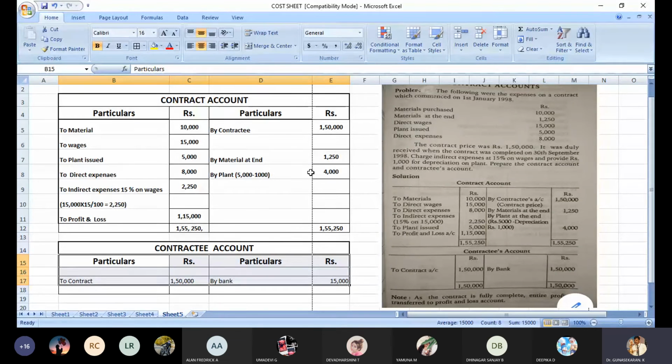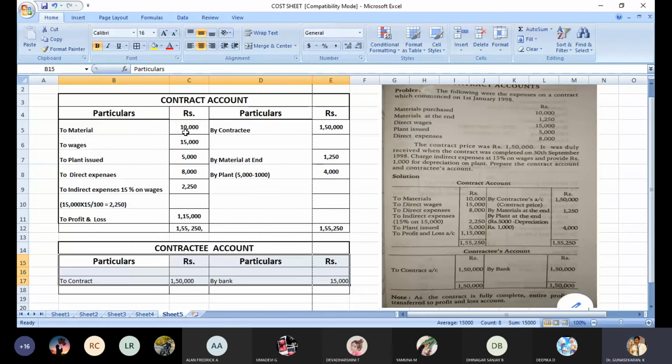In this contract account, a profit of 1,15,000 is available. The contract agreement amount is 1,50,000. The plant value of 4,000 is available, and the closing stock is available. These two stocks are also added to the contract price. So the total income, total revenue, total assets of the contract is 1,55,250.